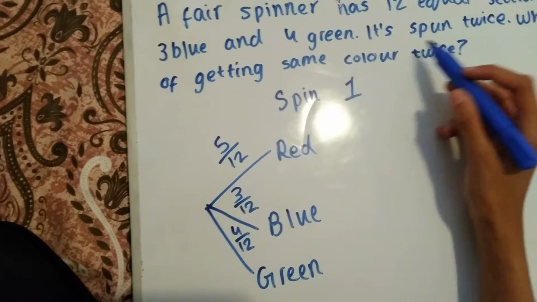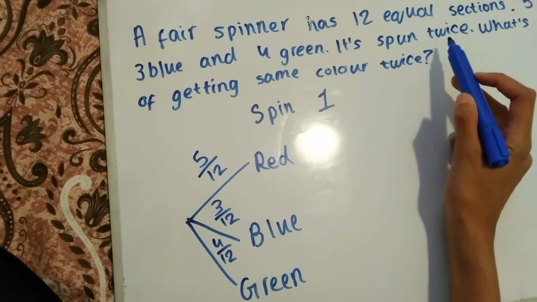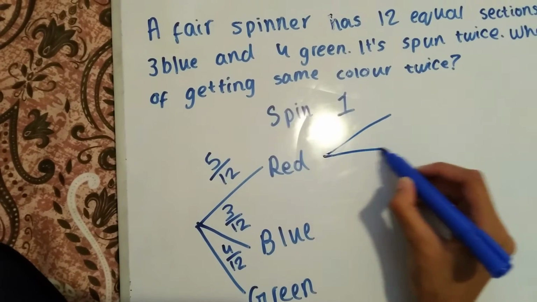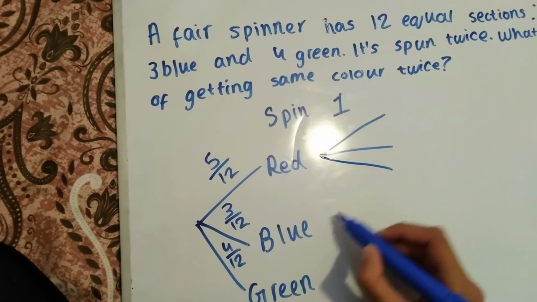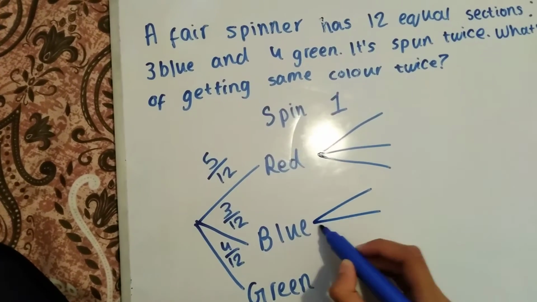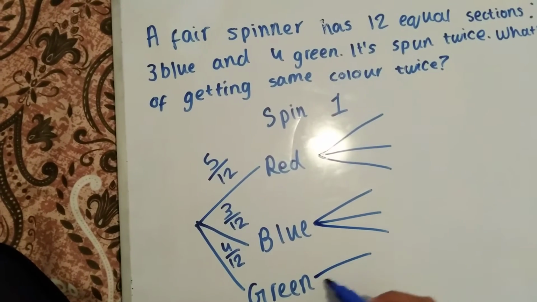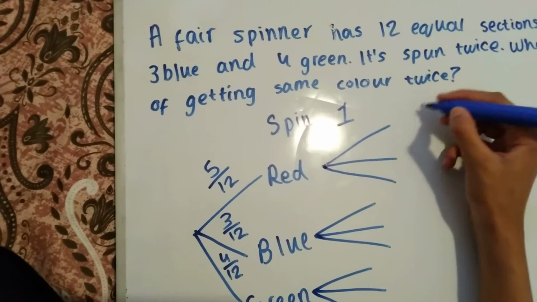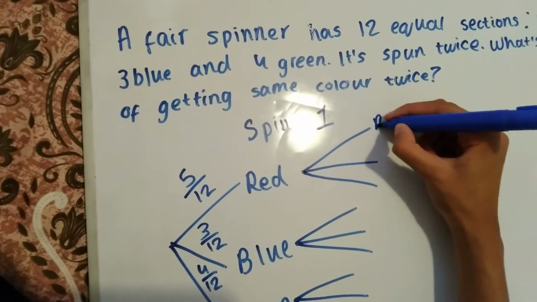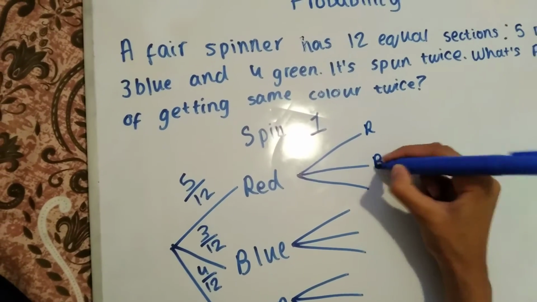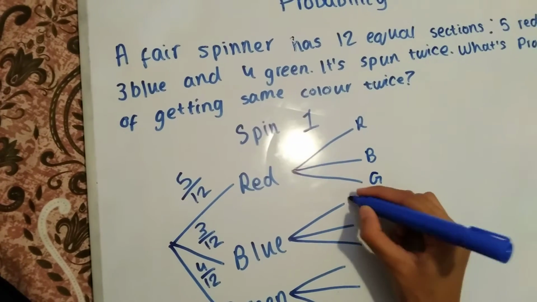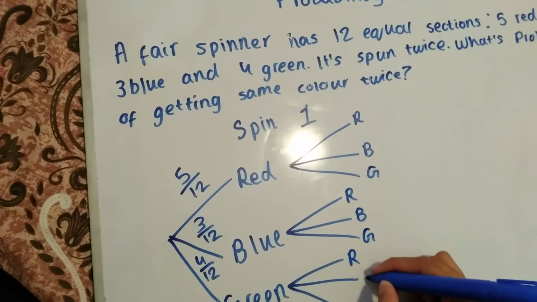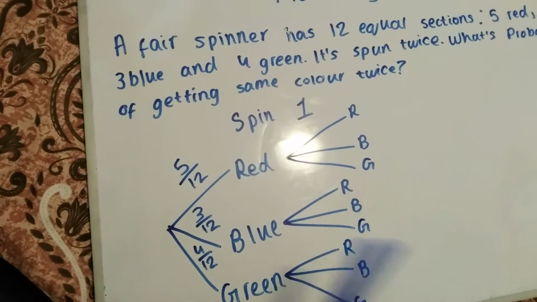Then it says it is spun twice, which means that there are 2 spins. So we are going to make all the possible outcomes again for red, for blue and for green. So we know once we get a red, we can get a red again, we can get a blue, and we can get a green. Here we can get a red, blue, green, red, blue, and green.